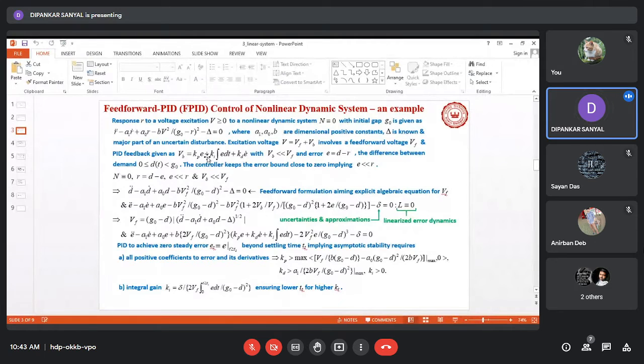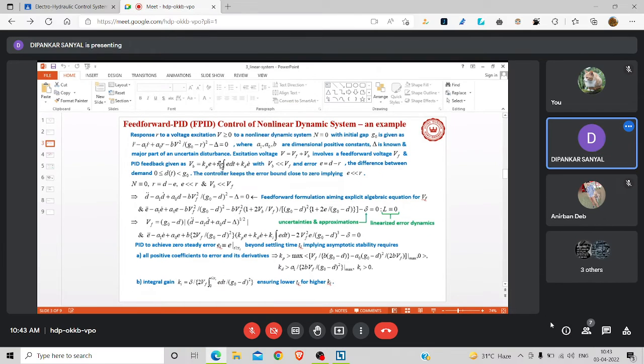The other part of the feedback control is proportional to an integral term of the error, and the third part is proportional to a derivative term of the error. Why we use this kind of form, that also we'll try to explain. But first, the splitting.